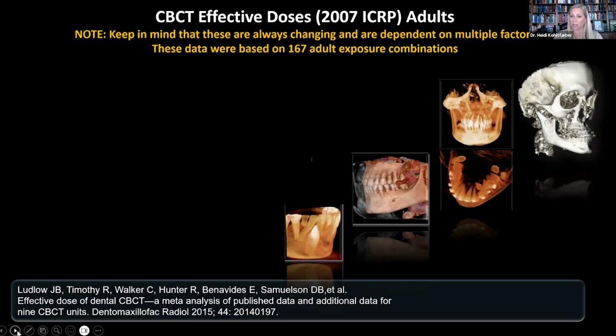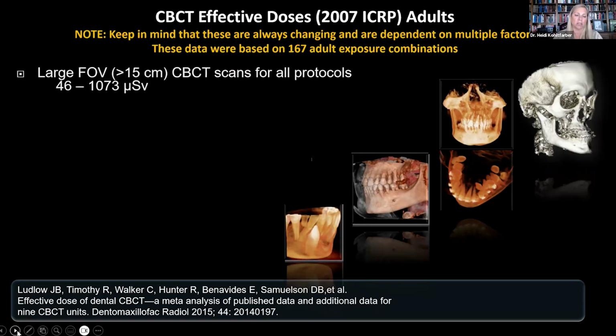If we're going to compare dose among machines, we want to look at the effective dose, because it takes into account the size and the sensitivity of the tissues to ionizing radiation. So when we're looking at all the machines across the market, for a large field of view, which is typically about 15 centimeters or larger, it's highly variable.